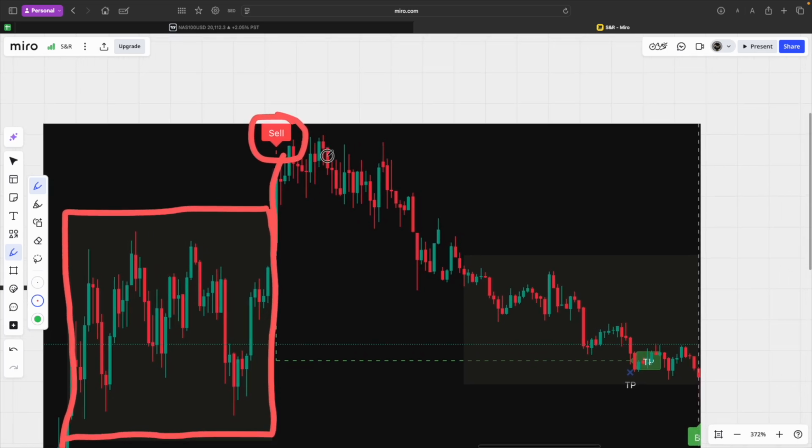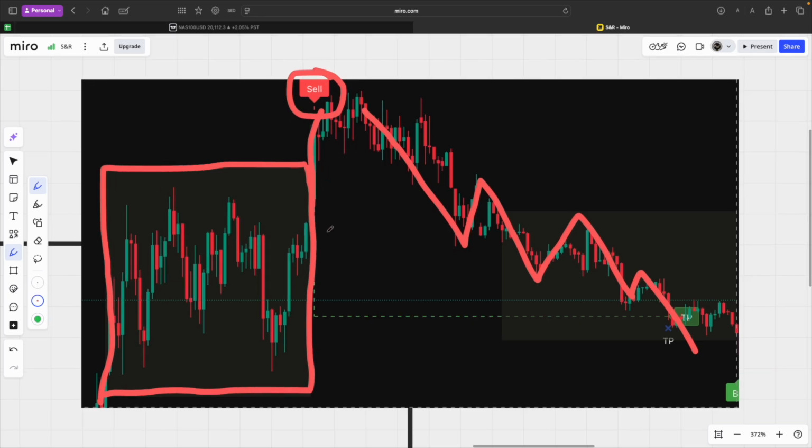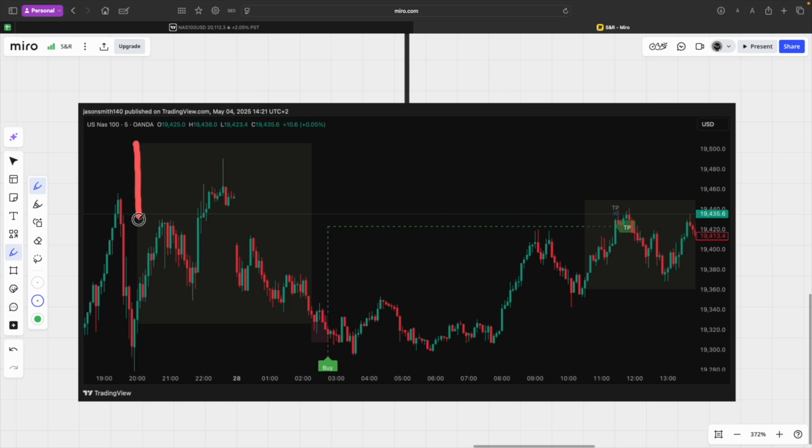And then you have your distribution to the downside. So this indicator is literally going to show you everything on how to do this. When we look at another example, the indicator plotted out your accumulation phase.